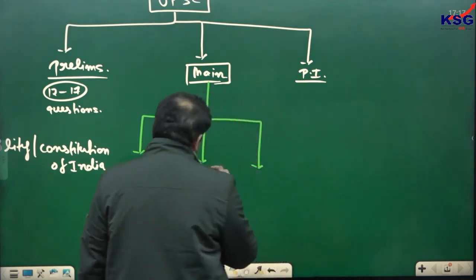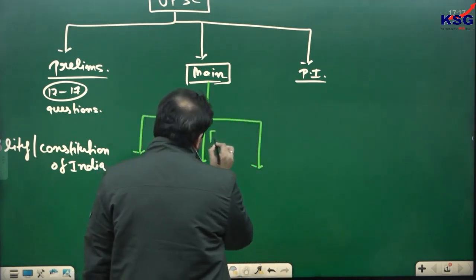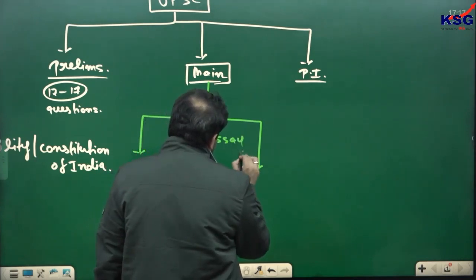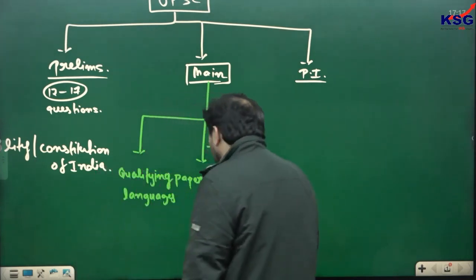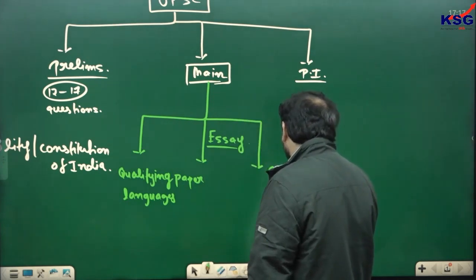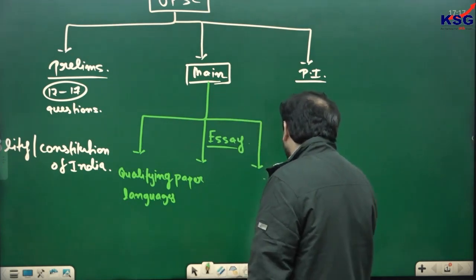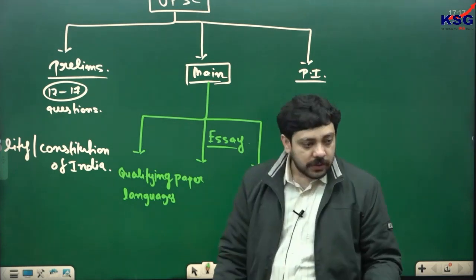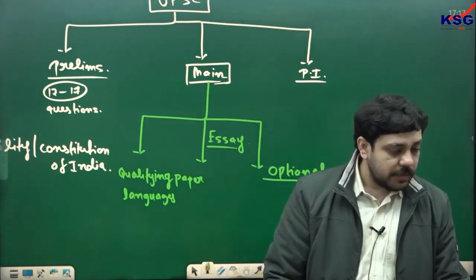Then in the next round you have what is called the essay paper. Then you have what you can call your optional paper, right? So you can choose a subject. I'm sure you have already chosen a subject. That is what the optional paper is about.